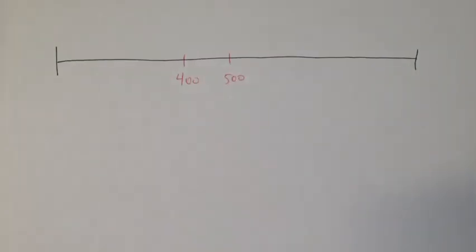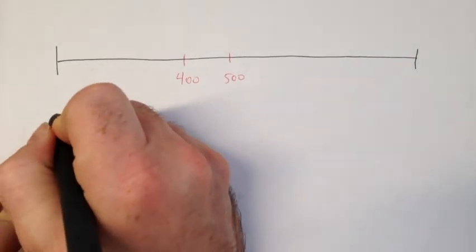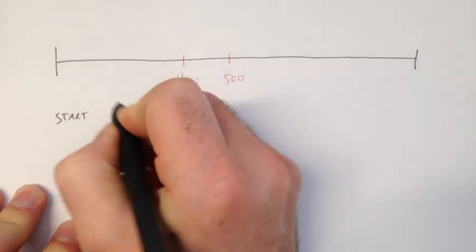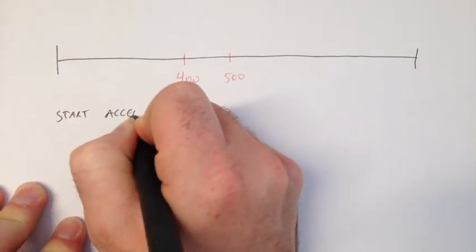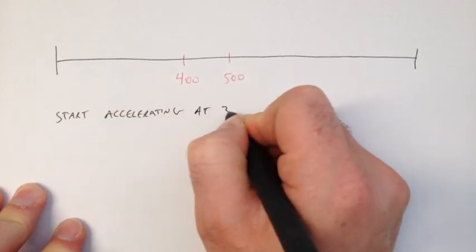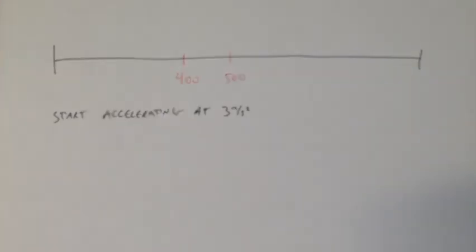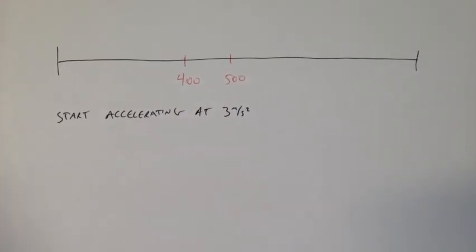I wonder what the top speed of my car is, but I guess it doesn't really matter. Okay, so first thing I'm going to do is I'm going to start accelerating at 3 meters per second squared. I need to decide where I will stop doing that. I think I'll do it halfway.